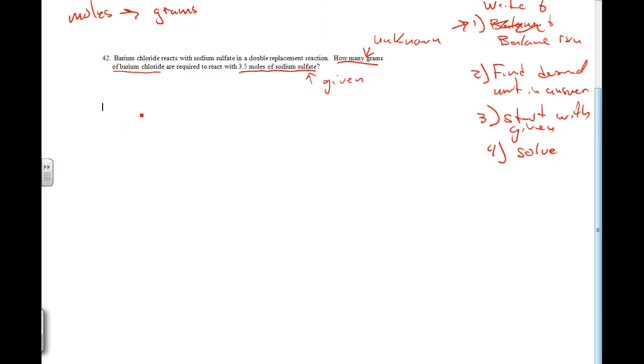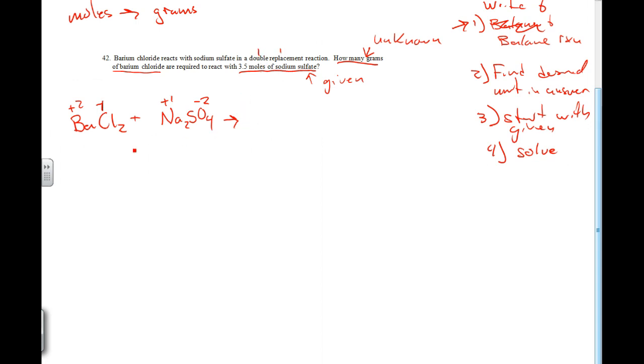Alright, so we know barium chloride, BaCl, barium's a +2, chlorine's a -1. I switch those charges, so BaCl2 plus sodium sulfate. Sodium is Na, sulfate is SO4, Na is a +1, sulfate's a -2, so Na2SO4. We know this is a double replacement because it tells me right here.